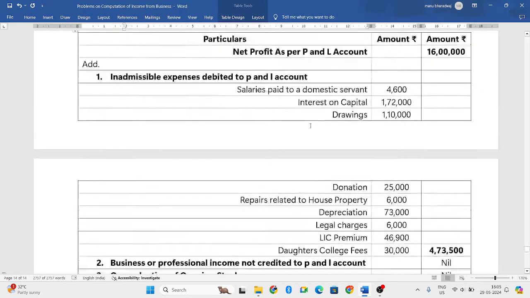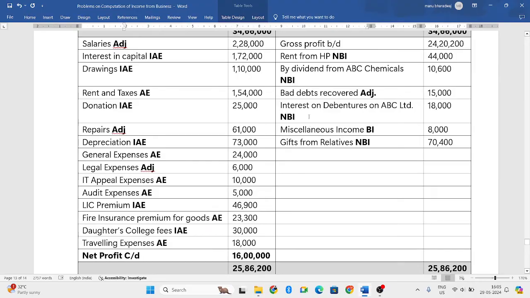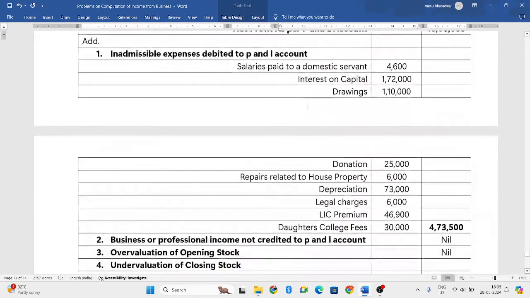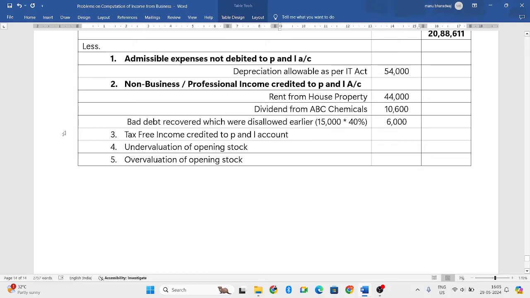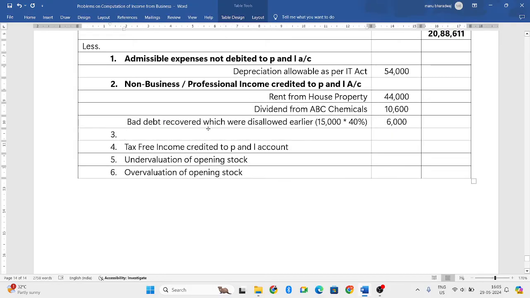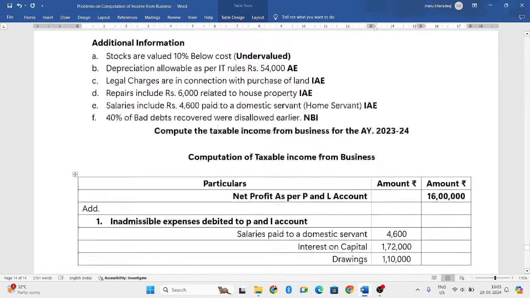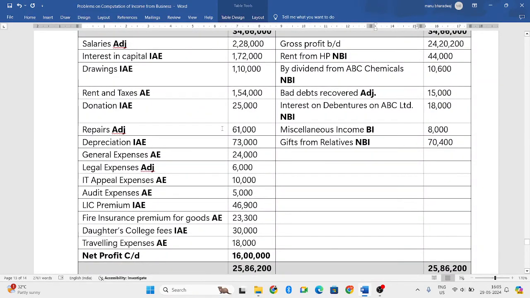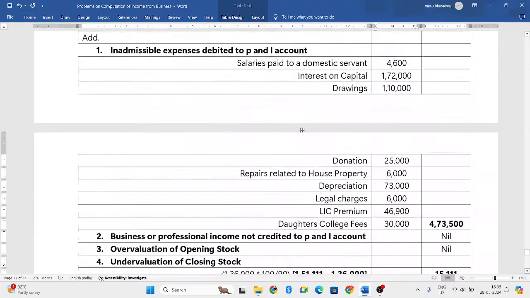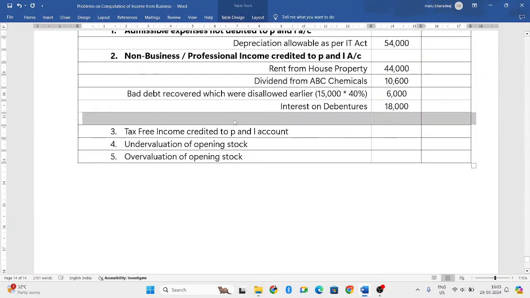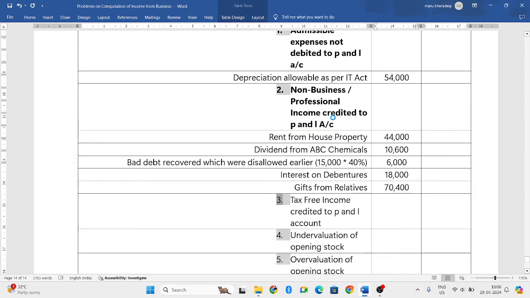Next, interest on debentures, that is 18,000. Next, gifts from relatives, 70,400 rupees. That's all the non-business income.